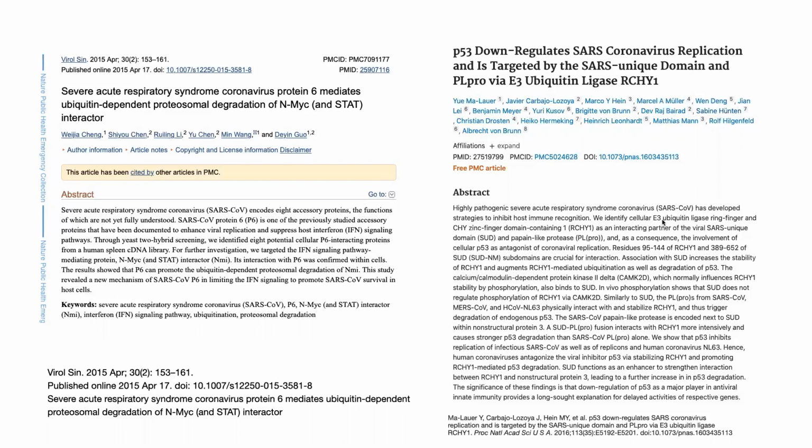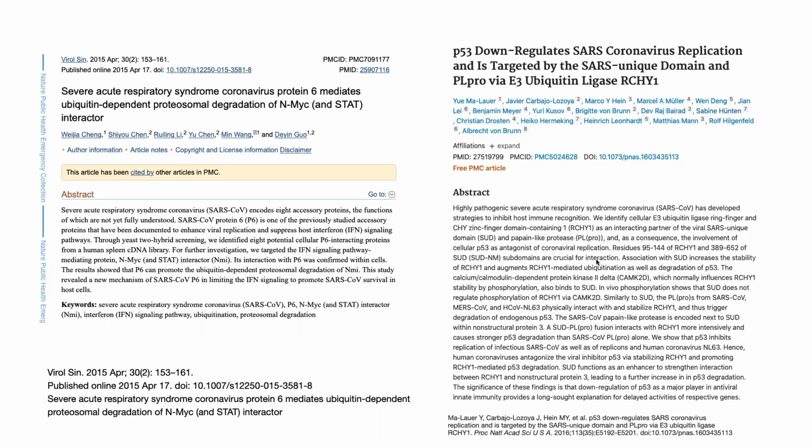We identify cellular E3 ubiquitin ligase ring finger and CHY zinc finger domain containing 1 as an interacting partner of the viral SARS unique domain and papain-like protease, and as a consequence, the involvement of cellular P53 as antagonist of coronavirus replication. Okay, and even further, they did a more detailed analysis here.